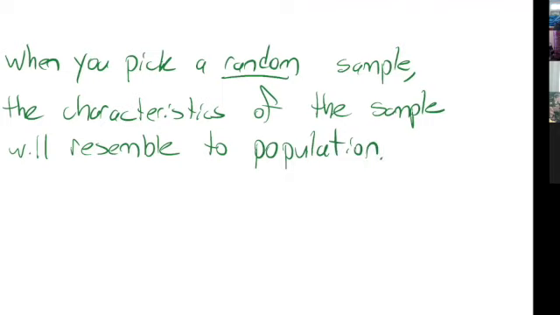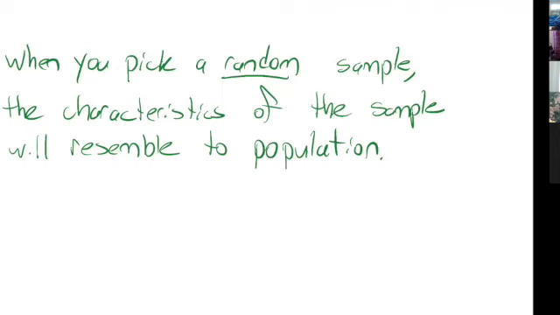If the population is 50% Democrat, 50% Republican, it would be really weird to pick a sample of 100 people and, if it's random, get 80 of them Republican and 20 of them Democrat. If you sample just your friends, maybe you'll get a different result.